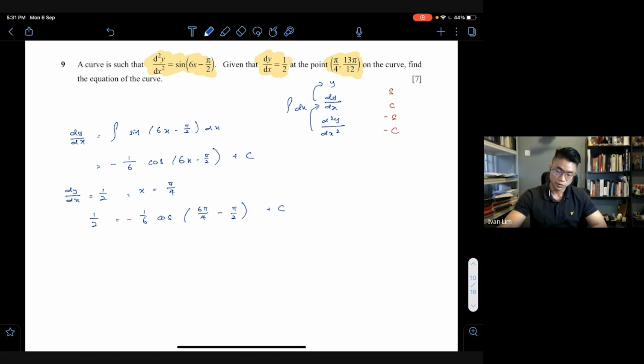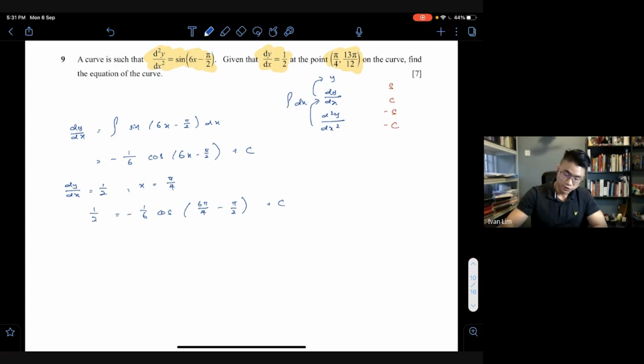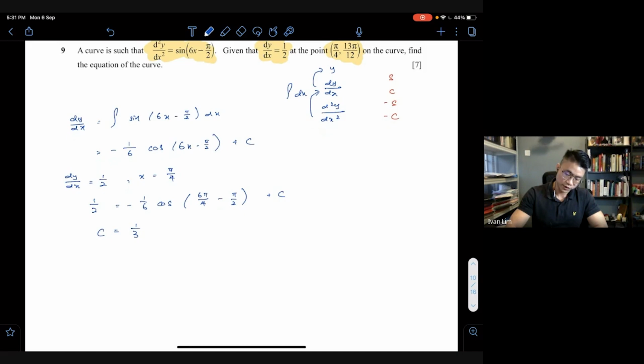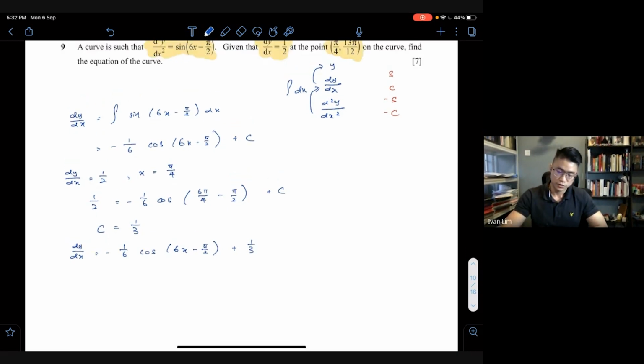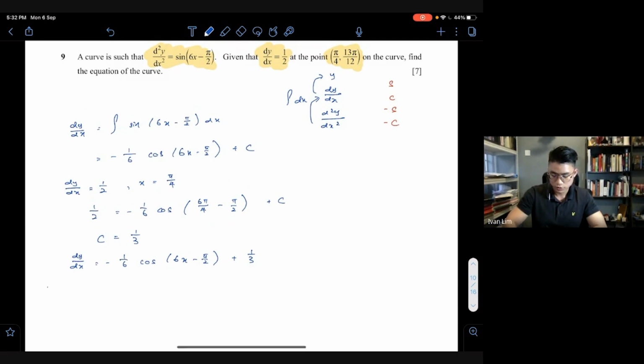How to find c? C is equals to 1 over 3. All right, so my dy dx will be equals to negative 1 over 6 cos 6x minus pi over 2 plus 1 over 3. Okay, any issue until here? All clear on why we have to find the C?